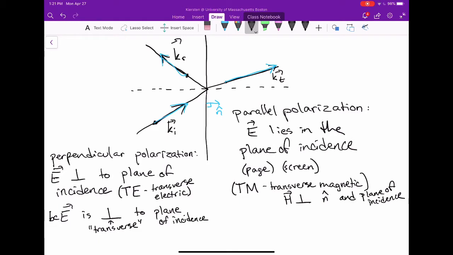So those are the two types of problems that we can have. In a separate lecture, I'll go through all of the derivations for one of these problems. But for right now, what I just want to do is lay out the two solutions side by side.